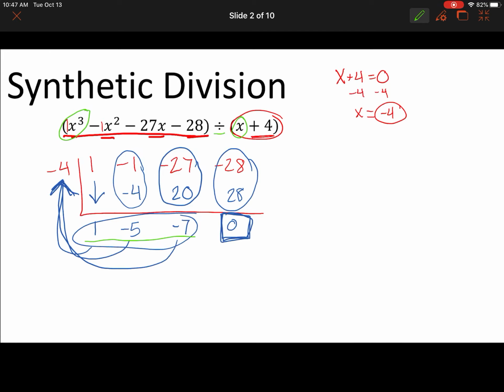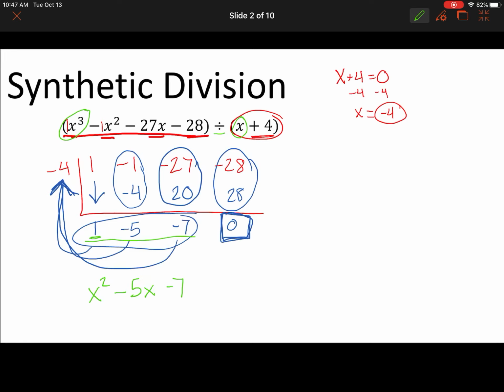So x to the third divided by x, we're going to go 1 degree lower, so it's going to be x squared. So this first number here, the 1, is the coefficient of the x squared term, so 1x squared, or just x squared. And then this next number is going to be the coefficient of my x. I go 1 degree lower from there, -7, which is my constant.